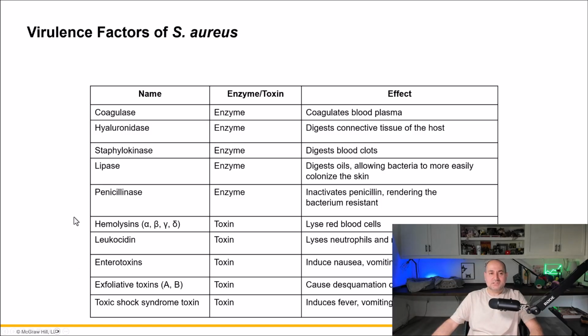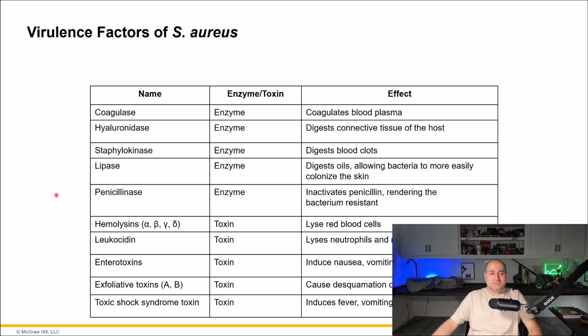Each one of these factors that S. aureus possesses helps it to cause disease. This is why when you do get a staph infection, usually they're referring to Staph aureus, the genus Staphylococcus and the species aureus. It's a pretty bad skin infection, and it's difficult to treat.